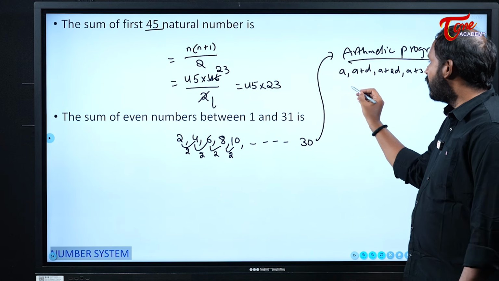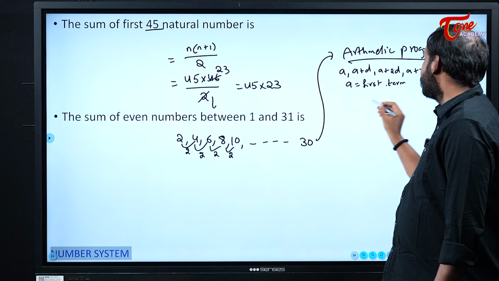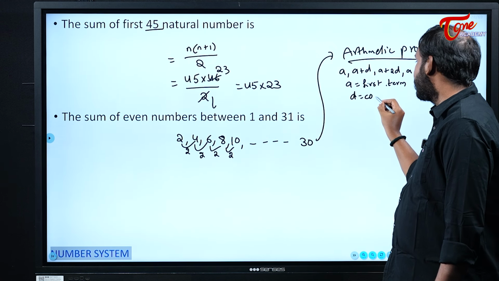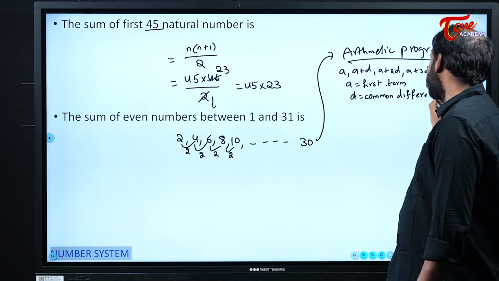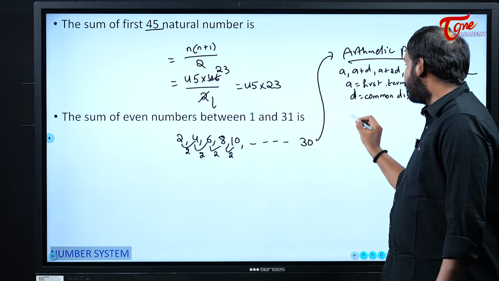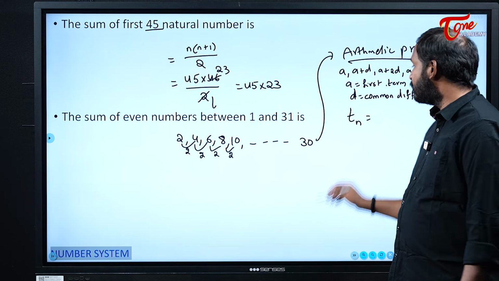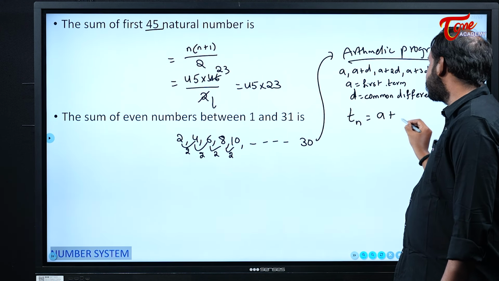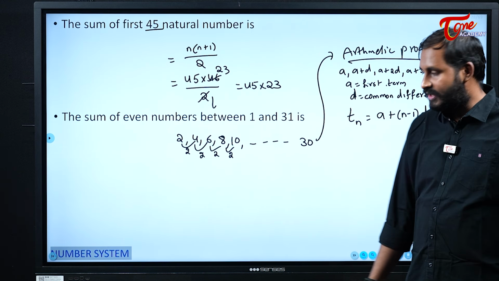Where we call a the first term, d the common difference. We will see some of the important observations from this one. Tn, that means if I want to find the nth term in any arithmetic progression, we will use the formula a plus n minus 1 into d.